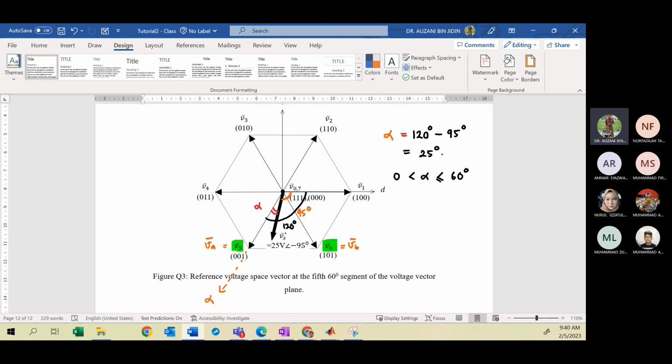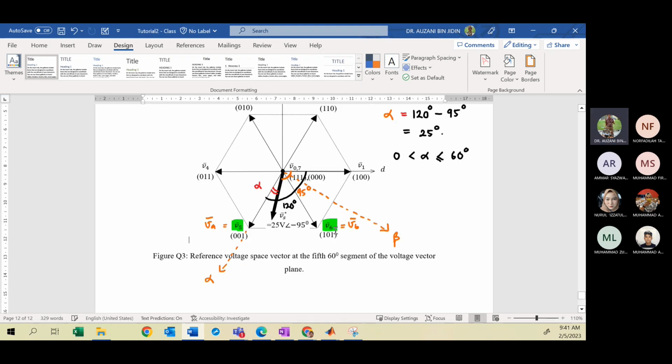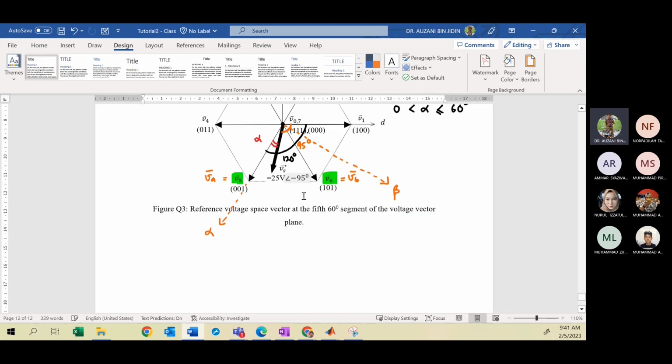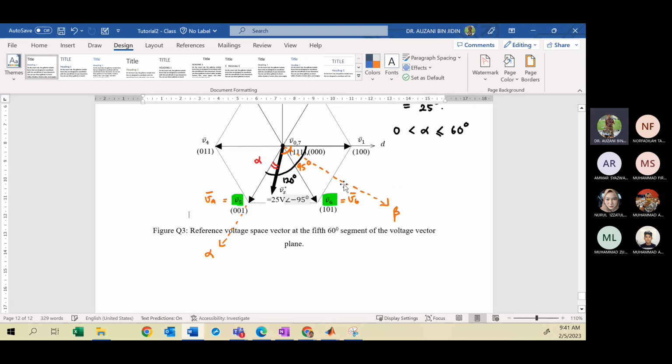Then your beta will be what? Which one? Here will be your beta, right? So this is your beta axis. Remember, the different angle between alpha and beta must be 90 degrees, a right angle. So then from here, you can redraw based on the sketch.